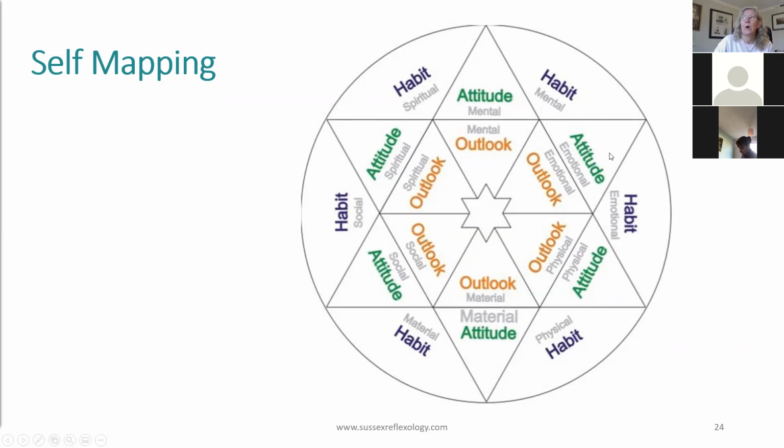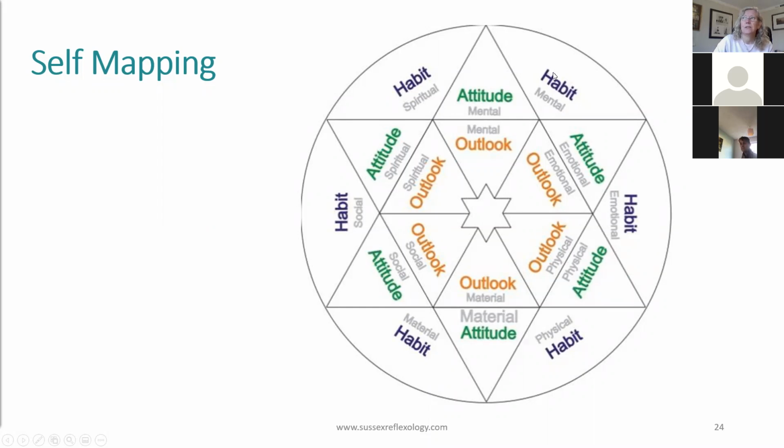Emotionally, how do we behave when we're at our low? And physically, what do we do to ourselves? What's our attitude to our body when we're at our low self? And we go around and we do attitude, we do habit, and we do outlook.